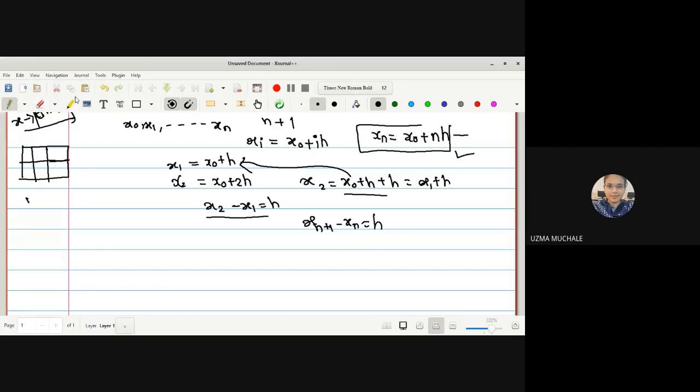If the values of x are equally distributed, then you have two options. You can use Lagrange's interpolation or the finite differences method, which we call Newton's forward as well as backward differences formula.